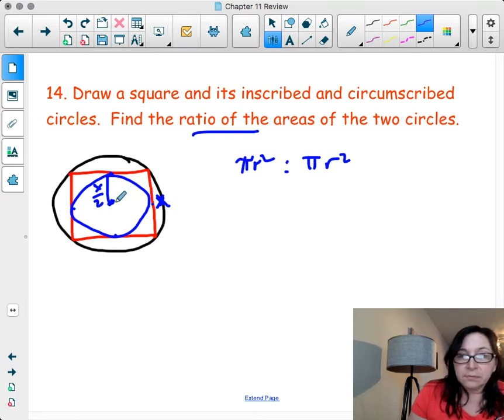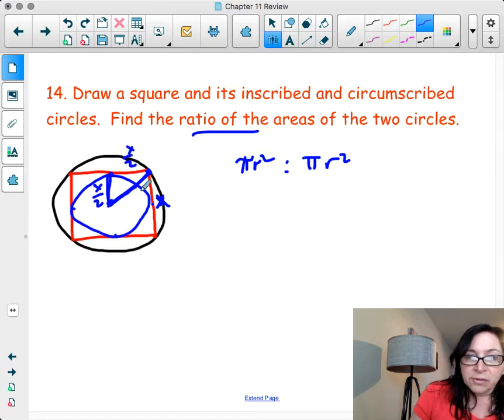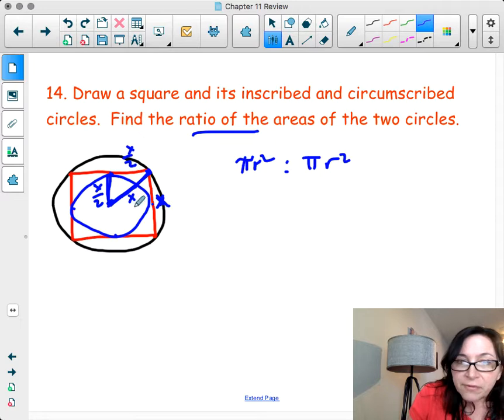Then if I went to the corner here, that's a radius. So that's the radius of my small circle. And here's my radius of my large circle, because it goes out here and touches the corner. So if that's x over 2, that side is x over 2, which would make that a 45, 45, 90. So that's going to be x over 2 root 2.